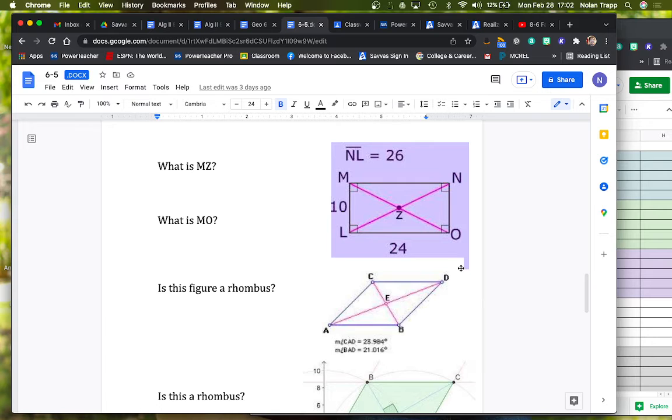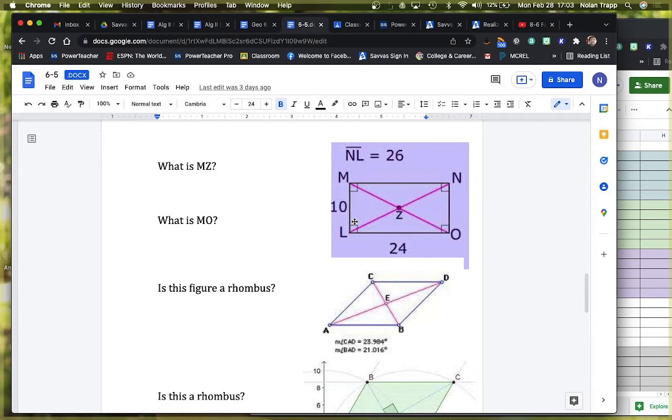We'll do this one real quick. If that's a rectangle, what is MZ? Well, that would be this length, 10 and 24. We're going to use a squared plus b squared equals c squared, so 10 squared plus 24 squared equals my c squared, which would be the full length there.